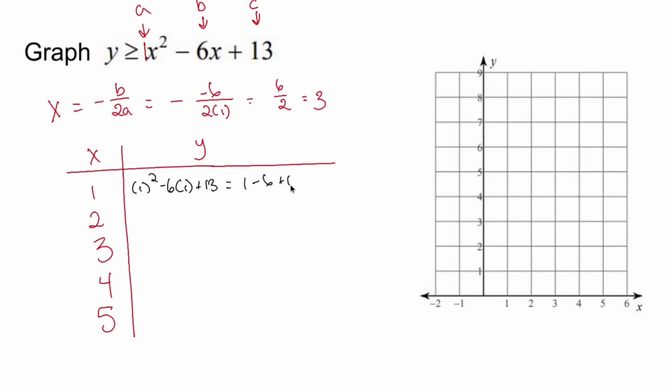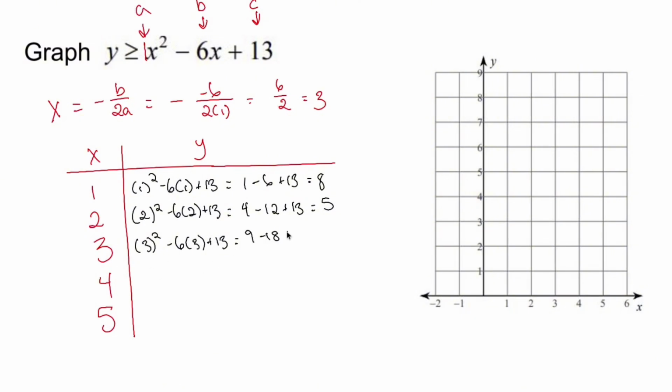And then you have plus 13, and that's going to end up being 8. 2 is going to be 2 squared minus 6 times 2 plus 13. 4 minus 12 plus 13 is going to be 5. 3 squared minus 6 times 3 plus 13 is going to be 9 minus 18 plus 13, which is going to be 3.